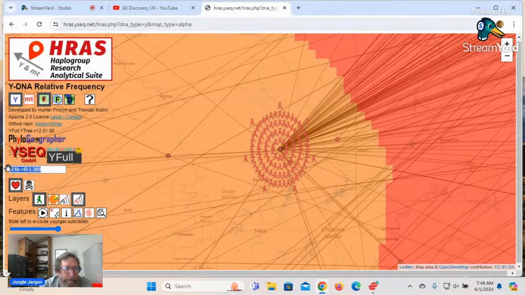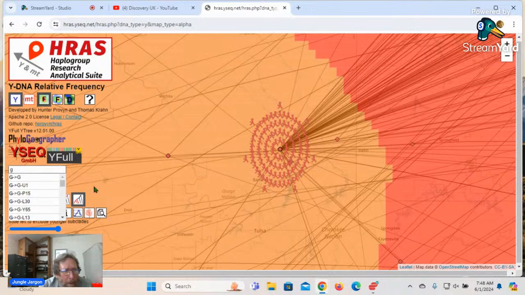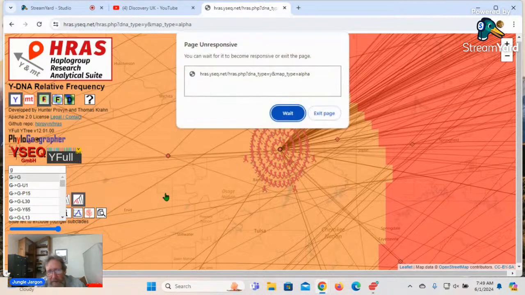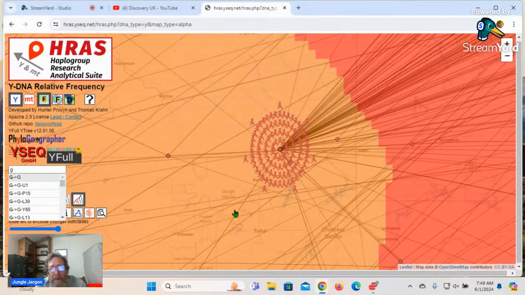Hopefully we're not going to have to select a specific one and see how many lineages and when they come over to America for the G haplogroup, which would be the descendants of Asher or Assyrians, which became part of the Jewish population and became part of the Phoenicians as well.